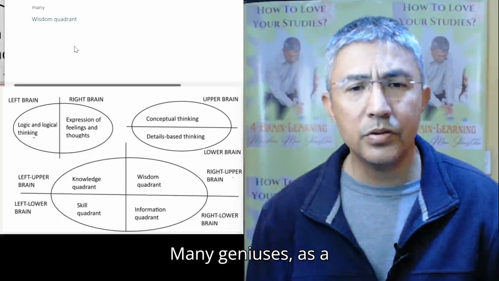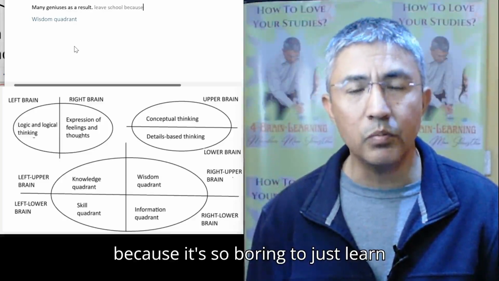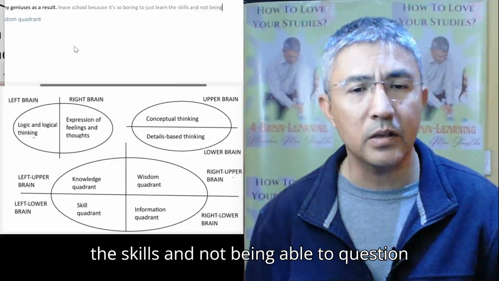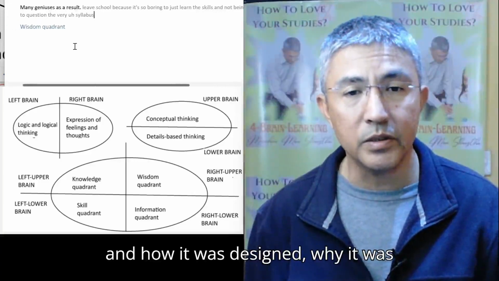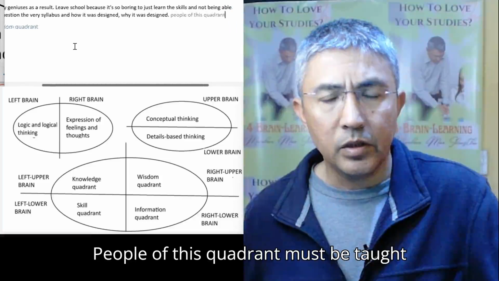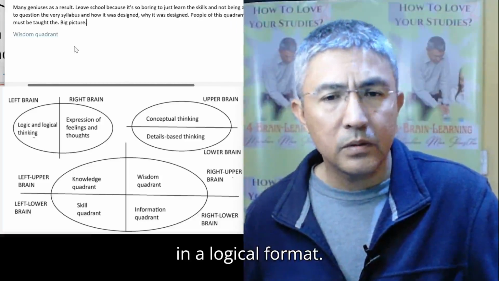Many geniuses, as a result, leave school because it's so boring to just learn the skills and not be able to question the very syllabus and how it was designed, why it was designed. People of this quadrant must be taught the big picture in a logical format.